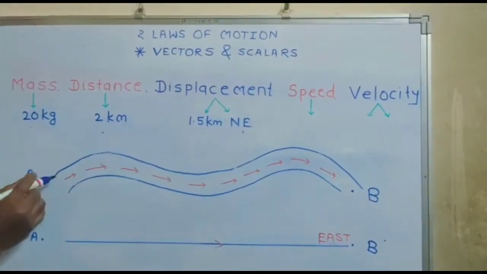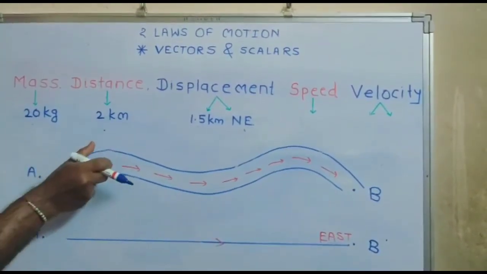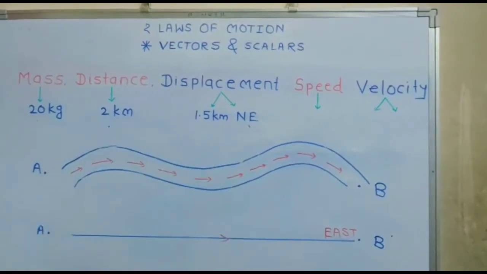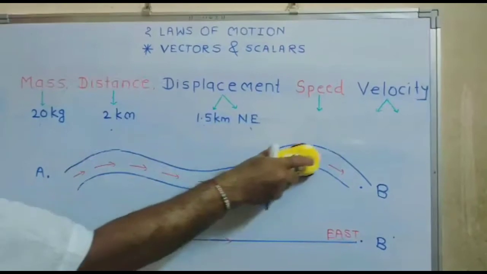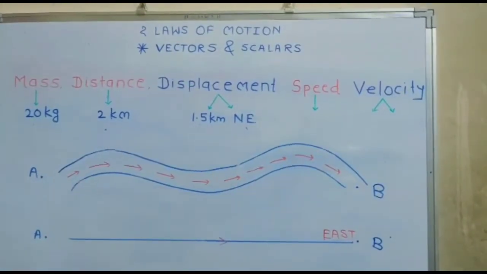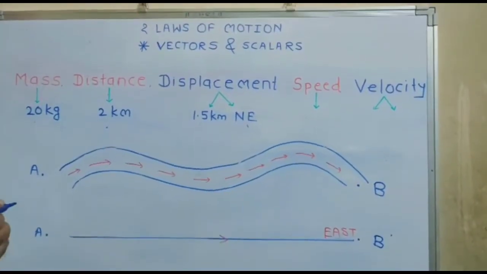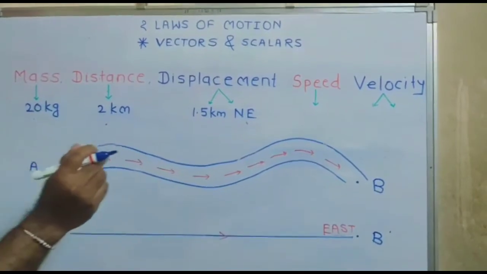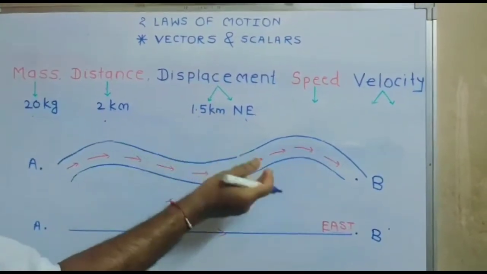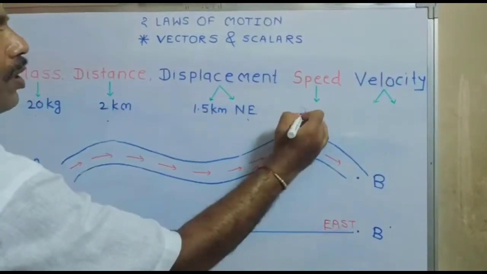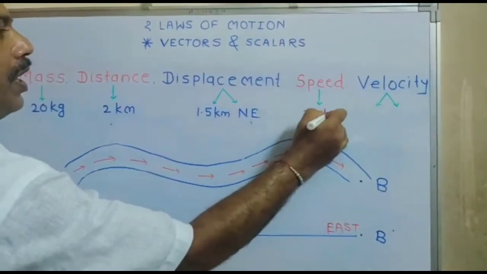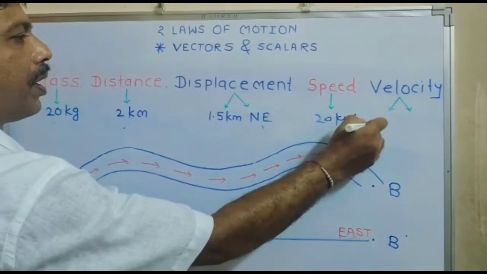What is the speed? You are just speeding your vehicle. It means that to represent the quantity speed, we need only the numerical value, that is, what is the speed of this car. Suppose the speed of this car is 20 km per hour.